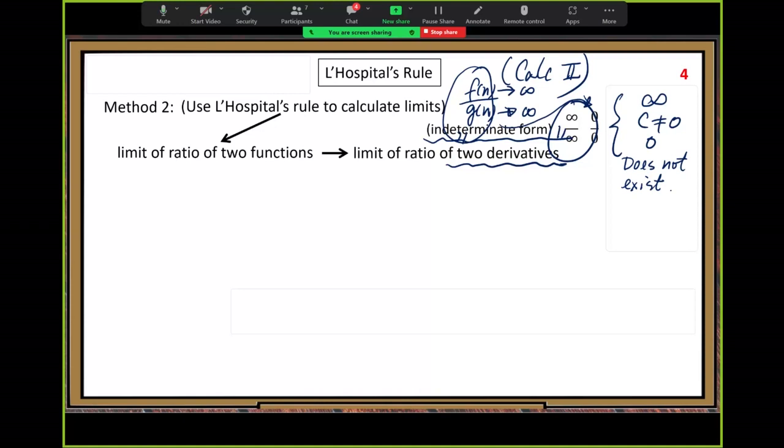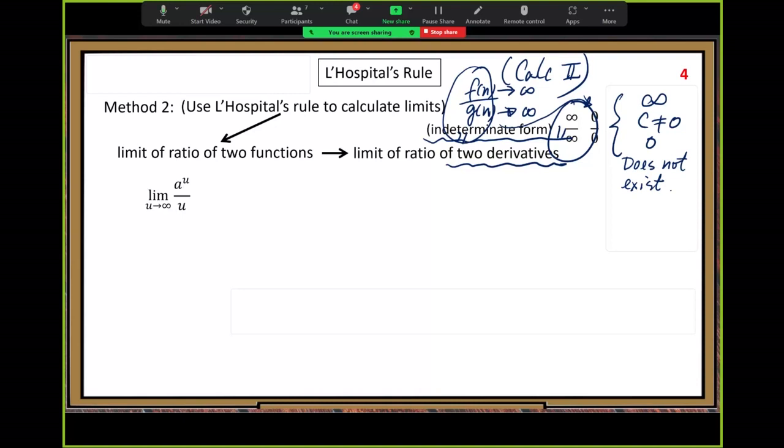All right, so let me show you how to calculate this limit from the previous slide. When u goes to infinity, what is the limit of a to the u over u? First, let's check: is it an infinity over infinity indeterminate form?